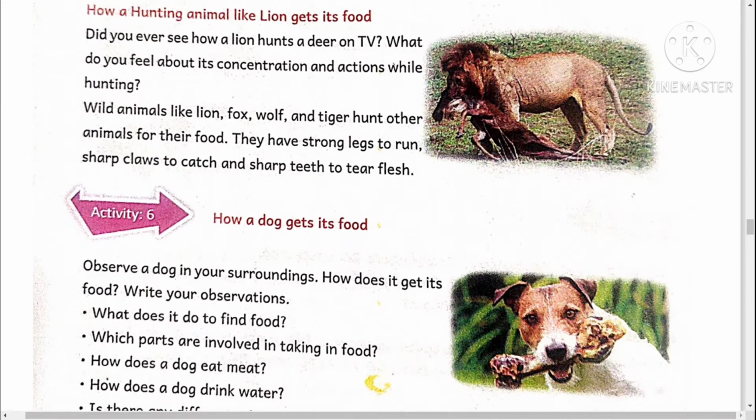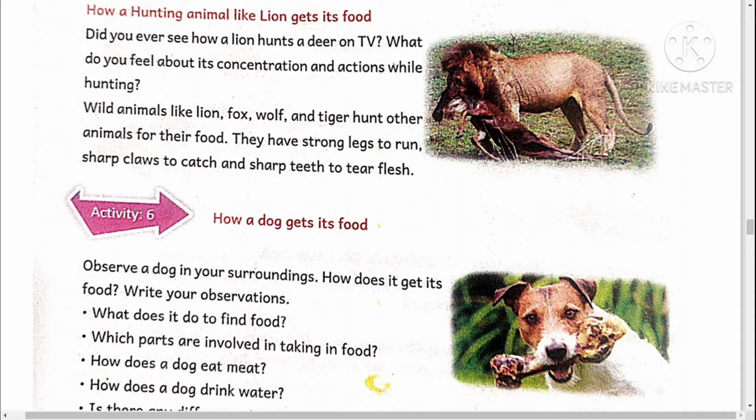Now, how do hunting animals like the lion get food? Did you ever see how a lion hunts a deer on TV shows like Animal Planet, National Geographic Channel? And what do you feel about its concentration and actions while hunting?